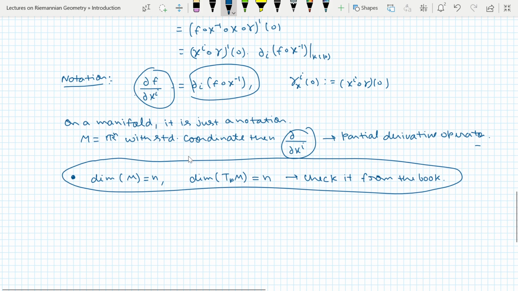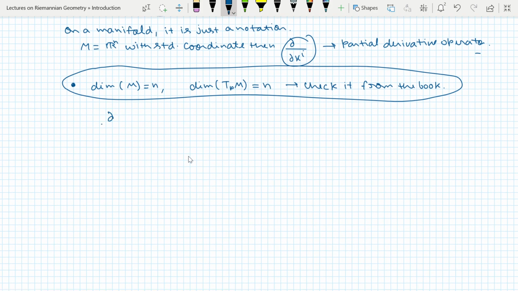And these things that you have, del over del xi, these are the basis vectors of the vector space TpM.